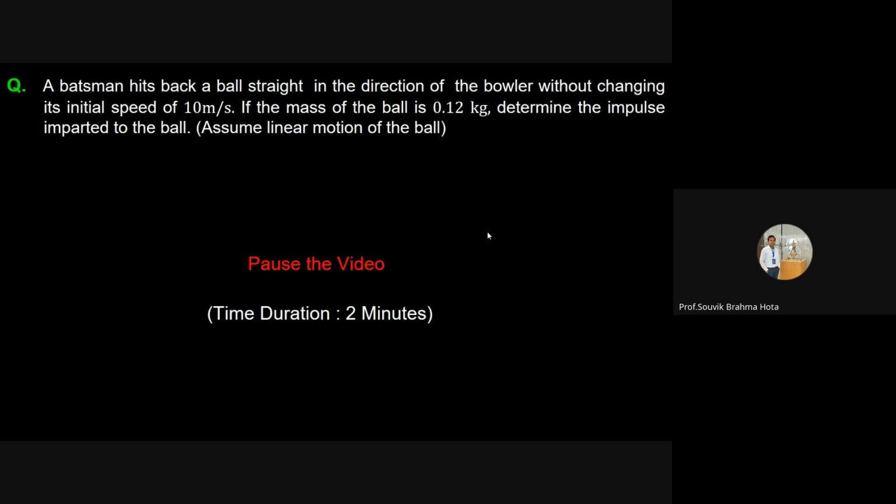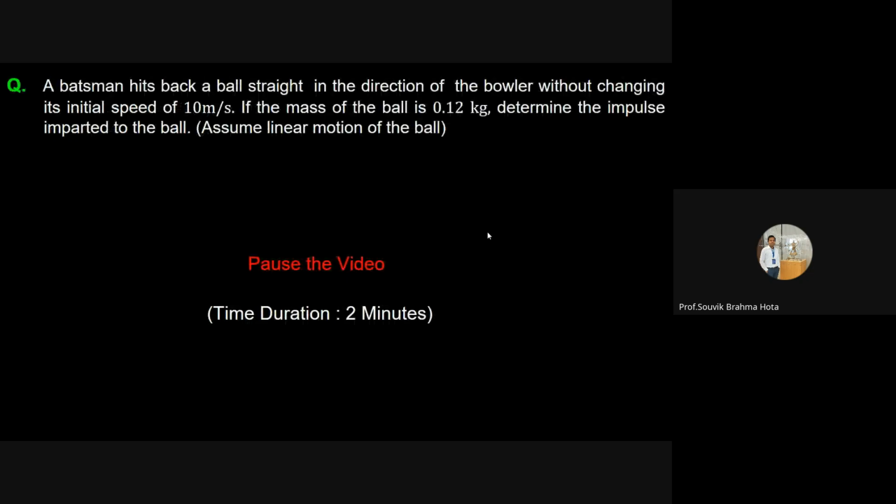Now see the initial velocity and the final velocity. Why have we taken them? Because the initial velocity was 10 meter per second, and it is hit back without changing its speed, so it basically changes direction.